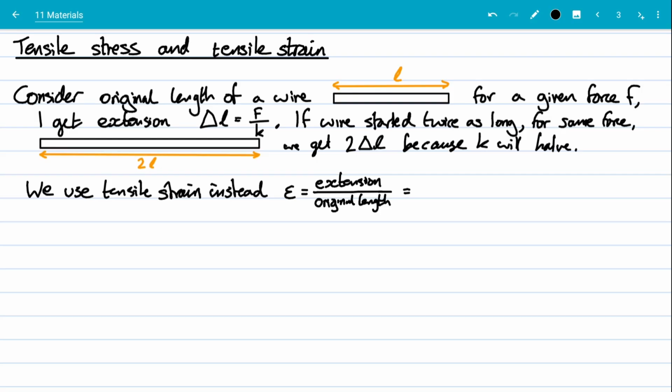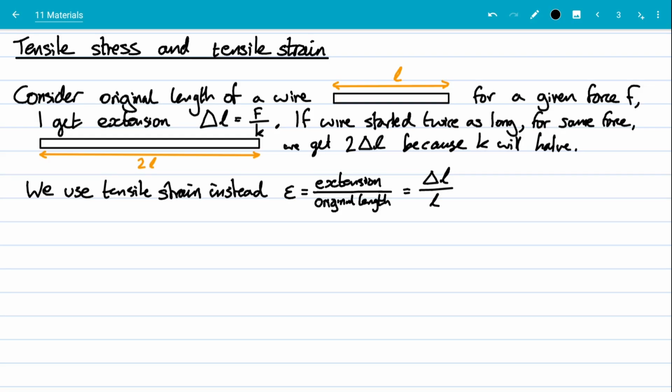In other words, it is delta L divided by L. Now we've divided by that original length. We know that if I have double the original length, I end up with double the extension. 3 times the original length gives me 3 times the extension, 5 times, and so on. So this quantity, it doesn't matter what the original length is, it gives me the relative extension.